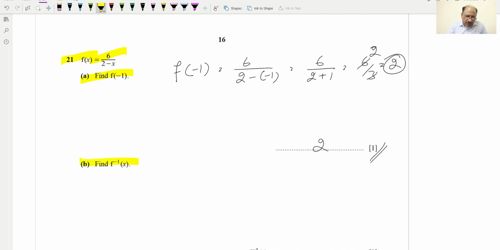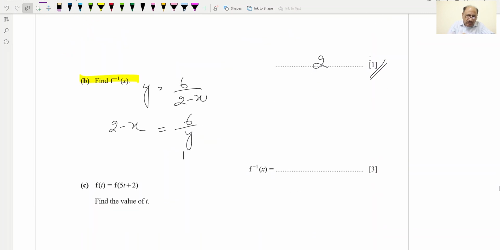Now they're saying find f inverse of x. So we can write f of x as y. So y is equal to 6 over 2 minus x. We have to make x the subject for the inverse. So we shift 2 minus x to this side and 6 over y.